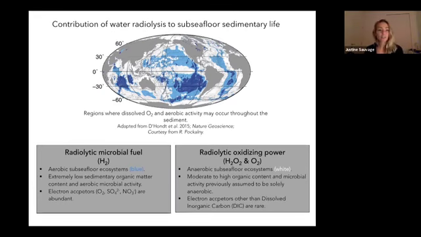And because they're so rich in organic matter, there is no oxidant left because it's already been all used up. In those zones, radiolytic oxidants are extremely relevant because they're nonexistent from other sources. So we differentiated our analysis in those two types of sedimentary environments, oxic and anoxic.